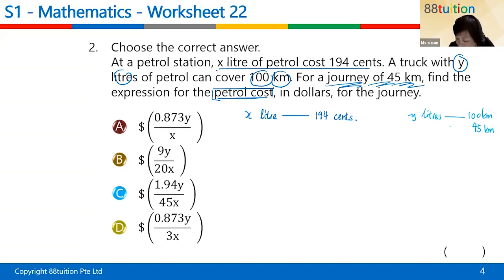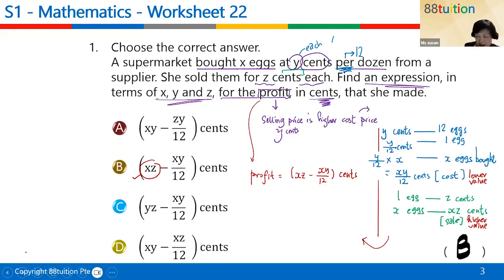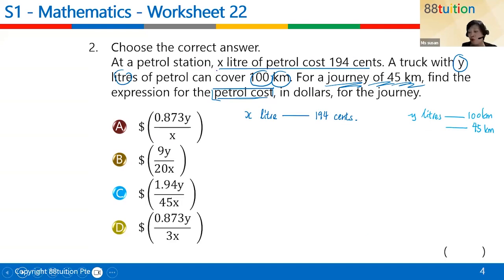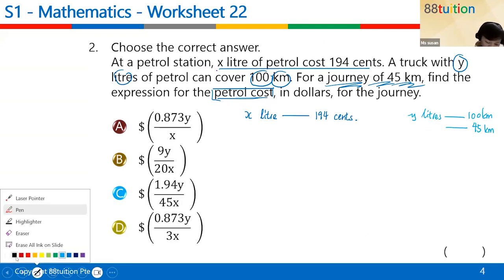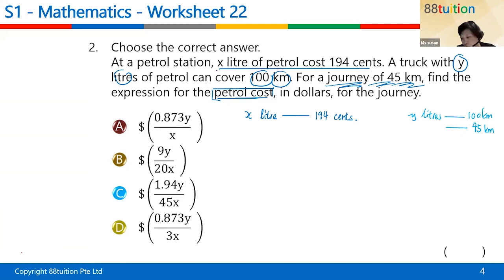So there's 2 ways you can do it. You can either find 1 kilometer or you can find straight away 45 kilometers. Now, just now I said there is one method which I always teach. We call it the overhead bridge. Those who are with me, probably you will know what is called overhead bridge.